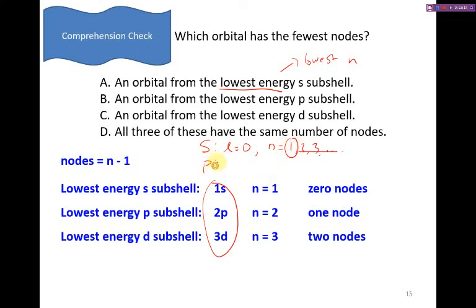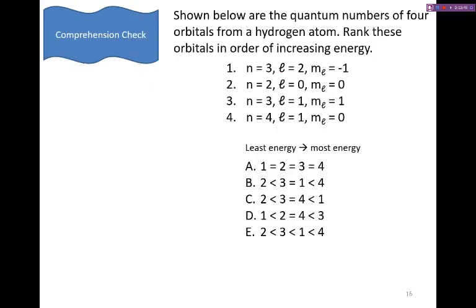For a p-type orbital, we know L equals 1, which means n has to be equal to 2, 3, 4, etc. Lowest energy is 2. A d has an L equal to 2. Lowest energy there is 3, because we have to have an n value greater than our L value. Okay?